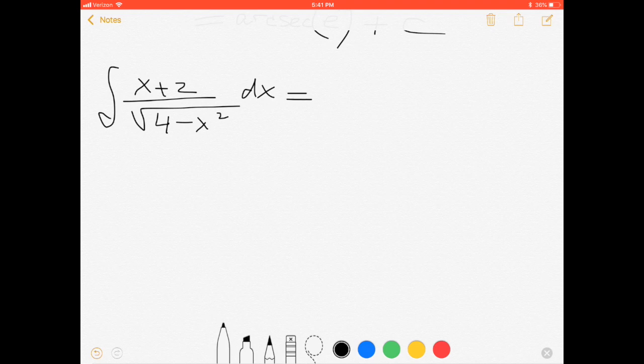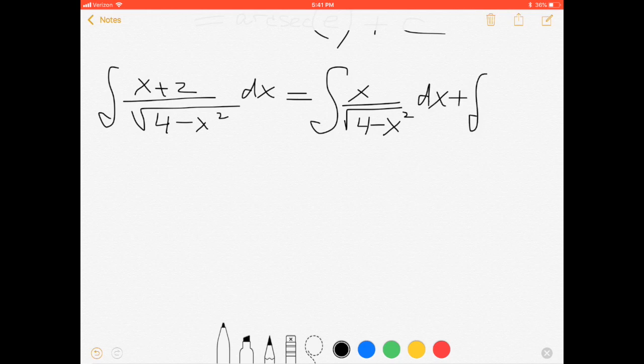An easy way for solving here, we separate our fraction into two fractions, and this means we separate our integral into two integrals. x over square root 4 minus x squared dx, and the second integral will be 2 dx over square root 4 minus x squared. Okay, great. What about the first integral? I think the first integral we can solve by substitution.